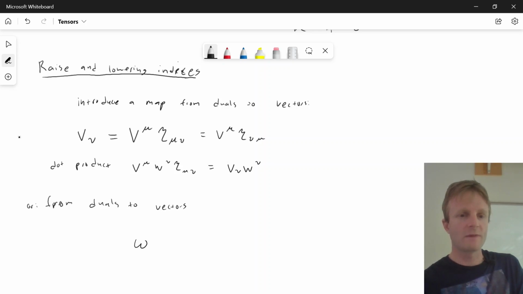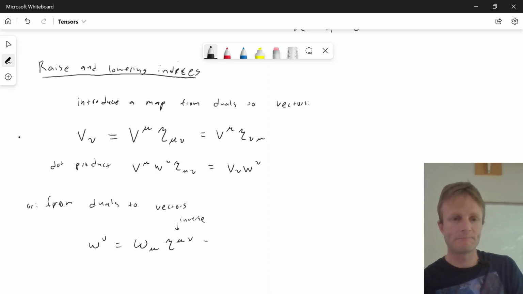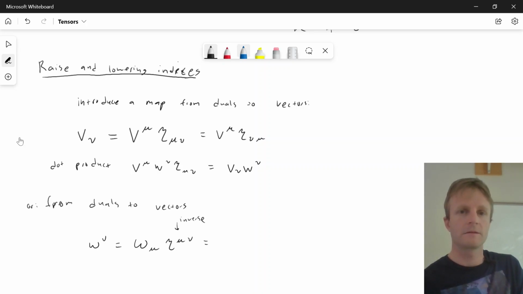We take our ω lower μ, and for the notation to work out, this is why the raised index notation on the metric is so good, we just use the inverse metric η^μν, and that gives us our ω upper ν.